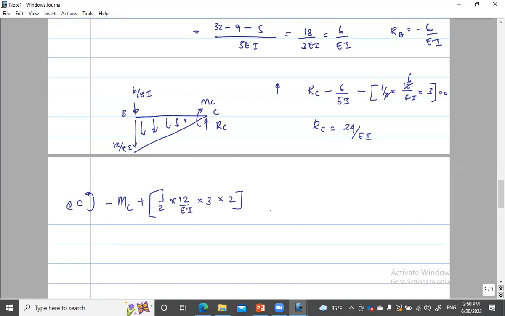That's also counterclockwise, plus 6 over EI into 3. So MC is 36 plus 18, which is 54 over EI.